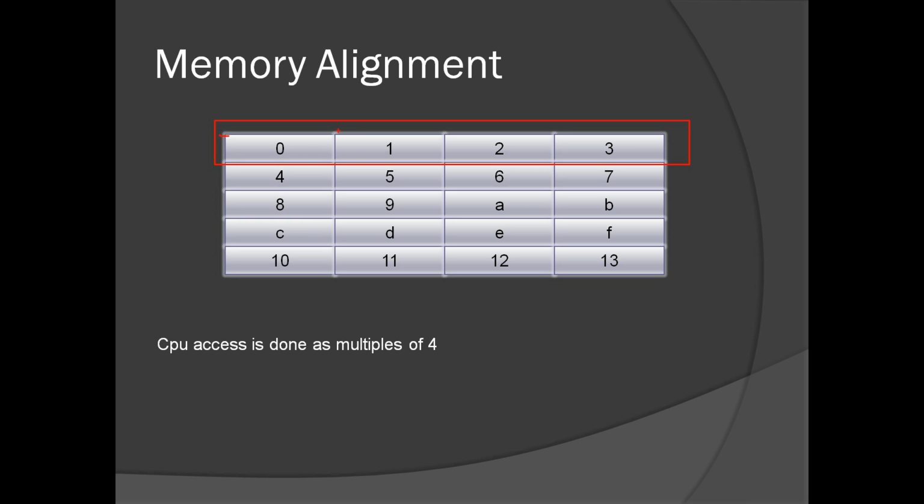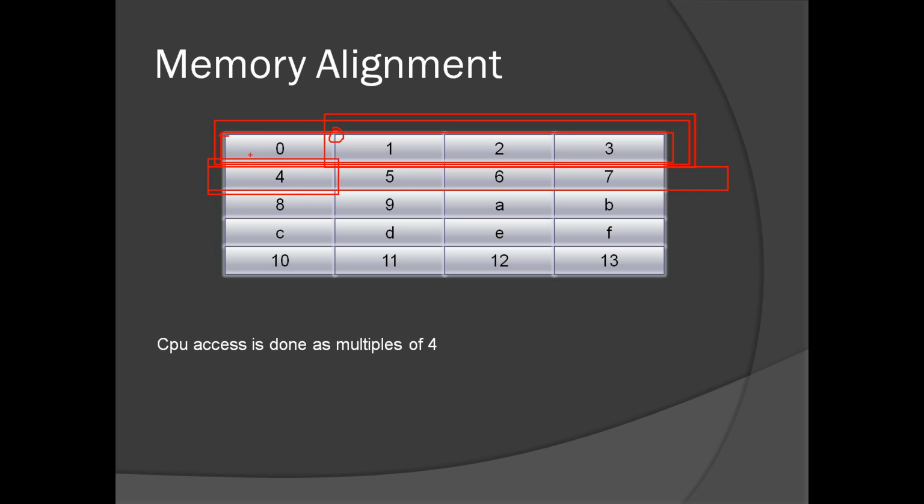But if we give this address, for example, to access 4 bytes, the CPU has to read this chunk and this chunk. From this chunk it will take this many bytes, and from this chunk it will take these 4. So 1, 2, 3, 4.